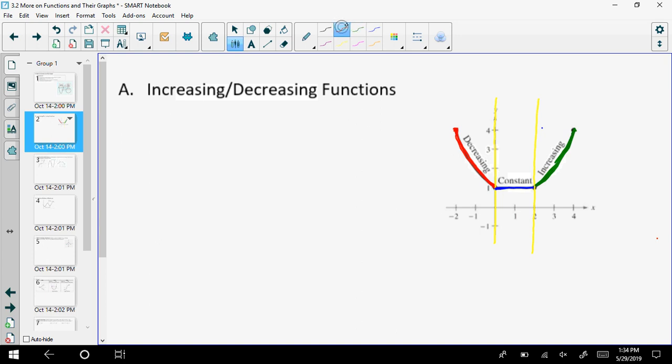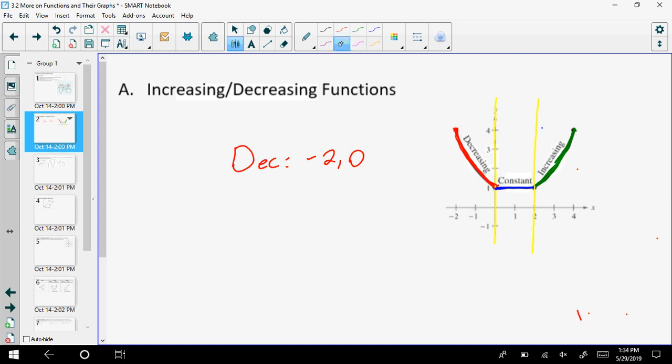So how we would write that, if I had to describe this to someone and they asked where it was decreasing, we would first say we were decreasing from -2 until 0. We use the x's, and the reason we use the x's is because we were literally going left to right.